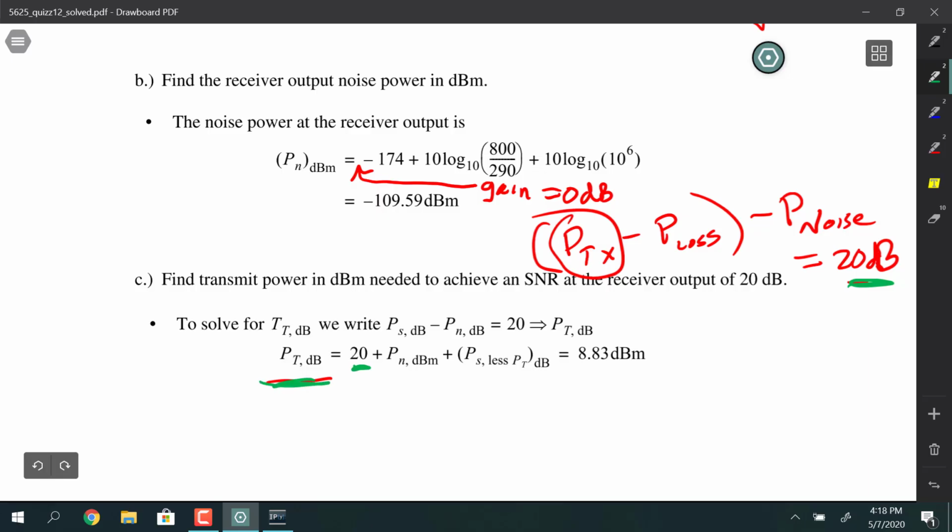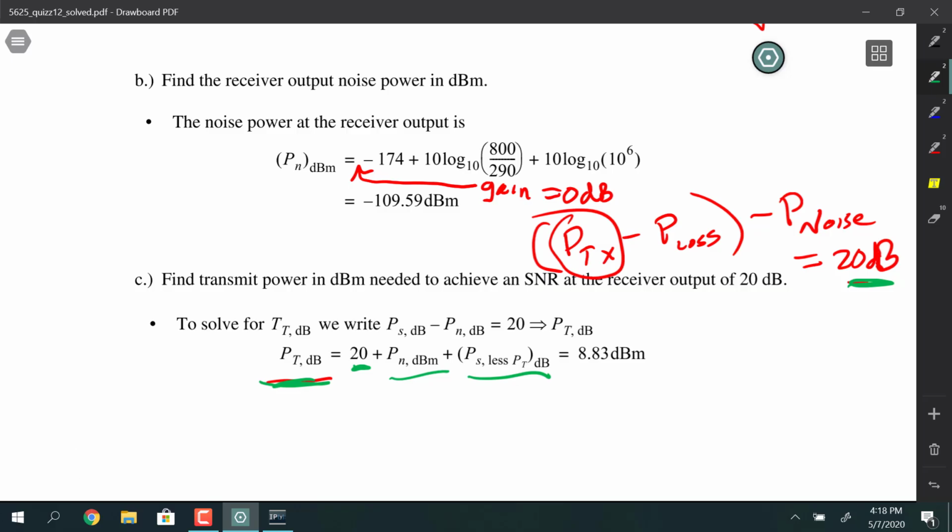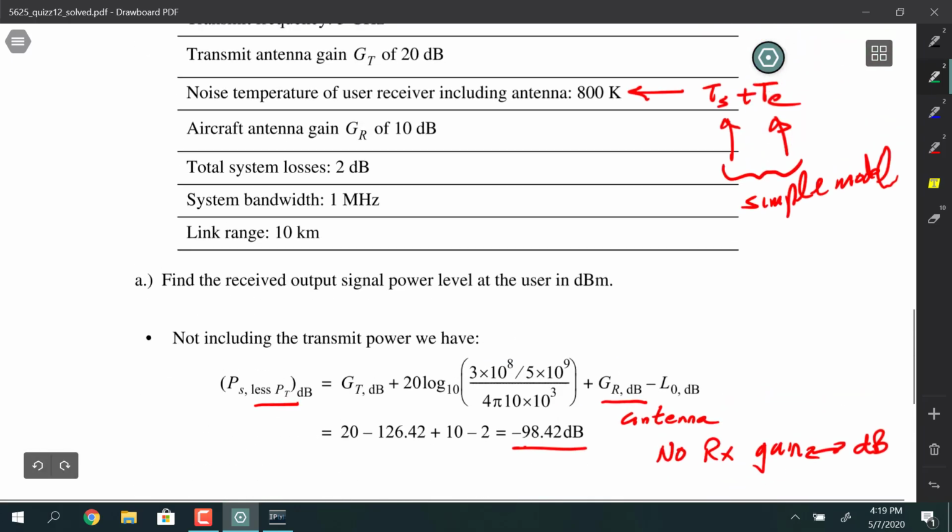So we have the 20 that's already on the right side, and then we move the TX, and then we move the loss to the right side, which is going to be this value. And then we move the noise to the right side, which will be a plus value. So when you put those values in terms of positive values, that works out to be minus 8.83 dBm that you're going to be transmitting.